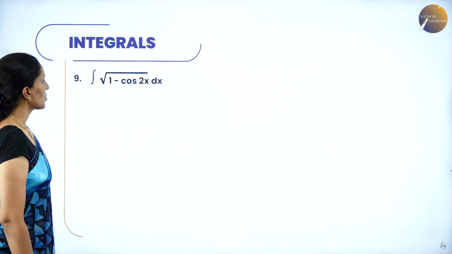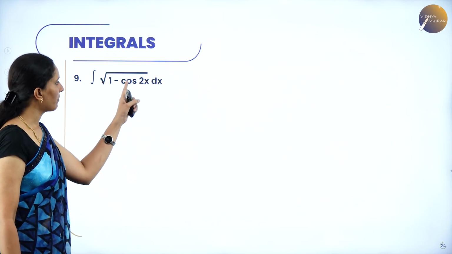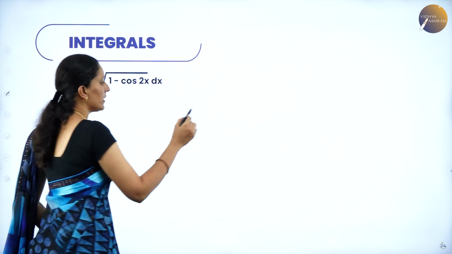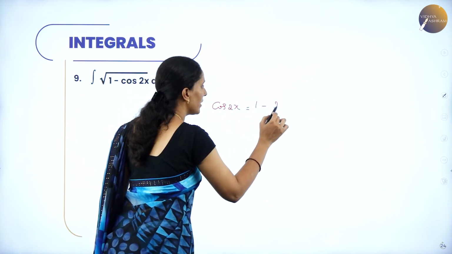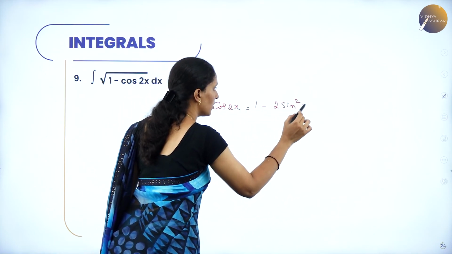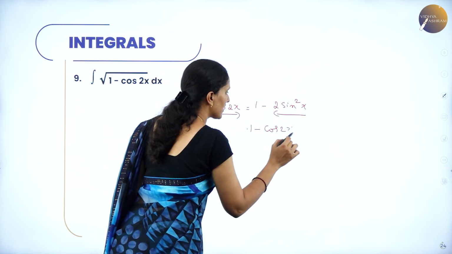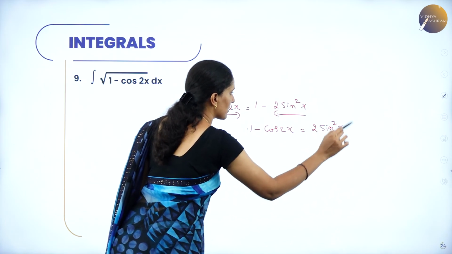Next question, square root of 1 minus cos 2x. A simple trigonometric function is given. I can take cos 2x. Now we know that cos 2x can also be written as 1 minus 2 sin square x. So, if you replace this, 1 minus cos 2x can be written as 2 sin square x here.